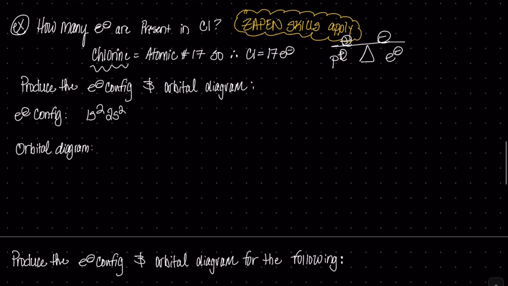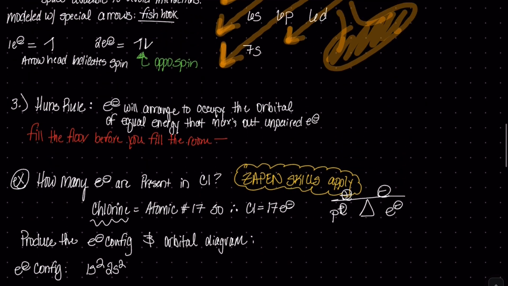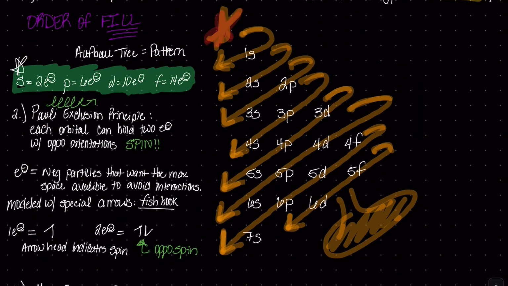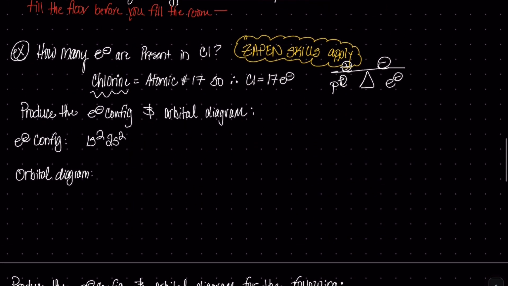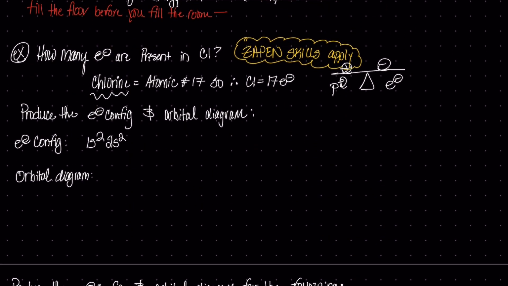Now the catch is you don't have to max out the orbital. You don't always need to put 6 electrons in p or 10 electrons in d. That's not always going to be the case, but you can never go above these limits we've expressed here. These are hard limits that cannot be pushed. So I'm just going to knock out this configuration right here for chlorine.